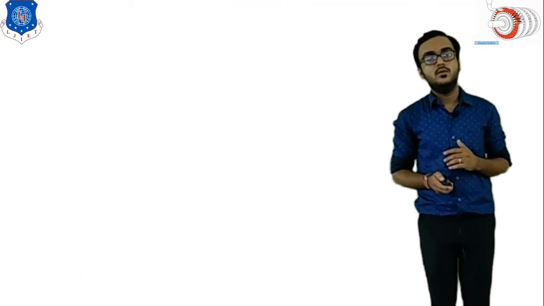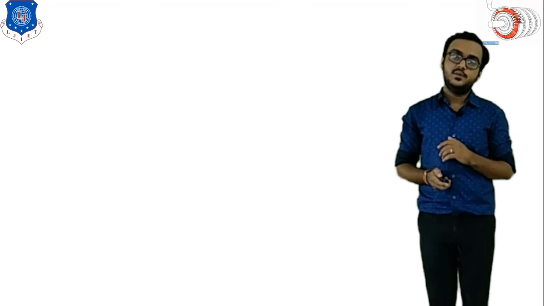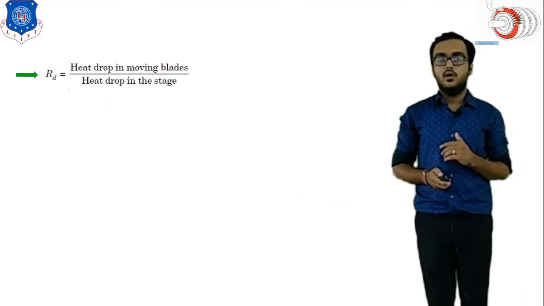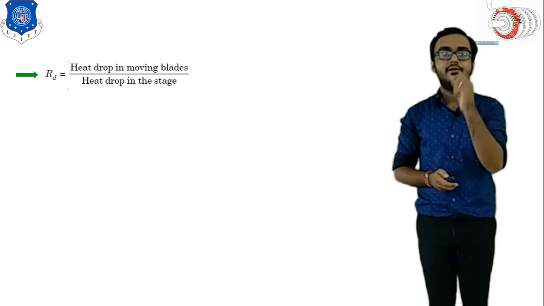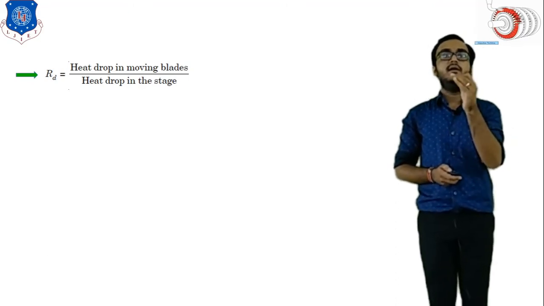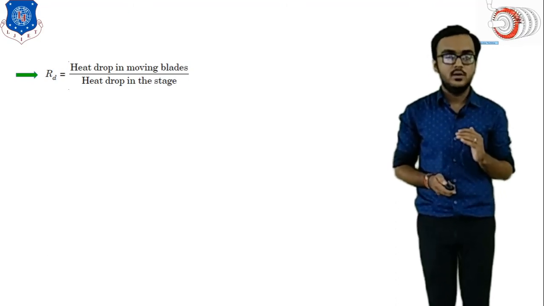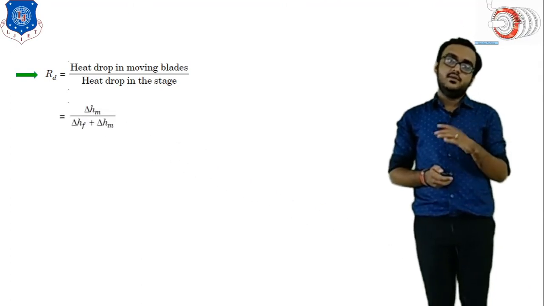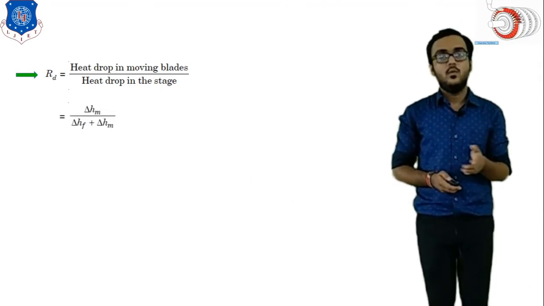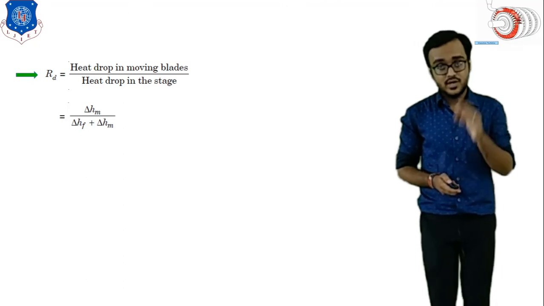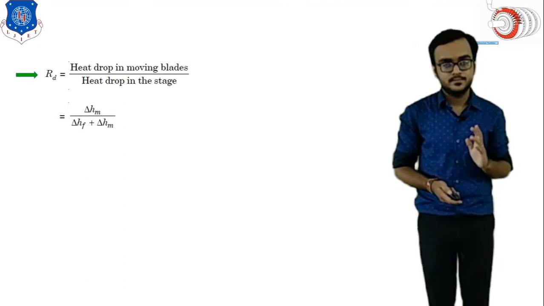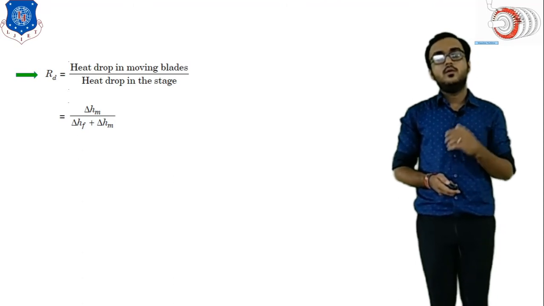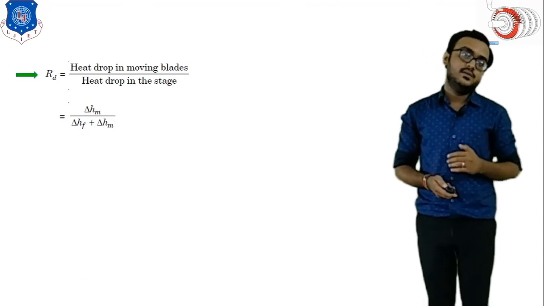Now, as per the discussion of degree of reaction, we can write the degree of reaction RD is equal to the heat drop in the moving blade to the total heat drop. Heat drop in the moving blade we write as delta Hm, while the total heat drop is delta Hf plus delta Hm. Now what about delta Hm?